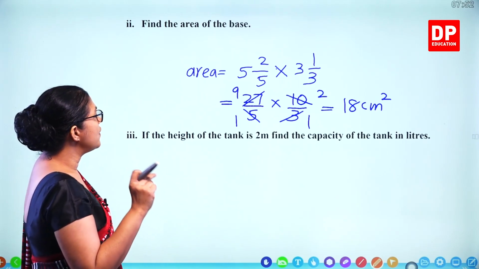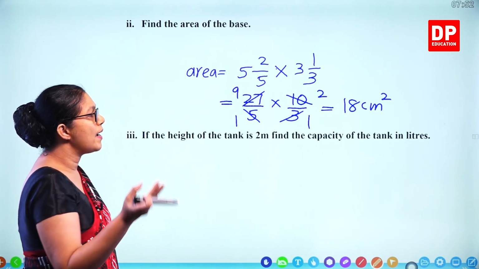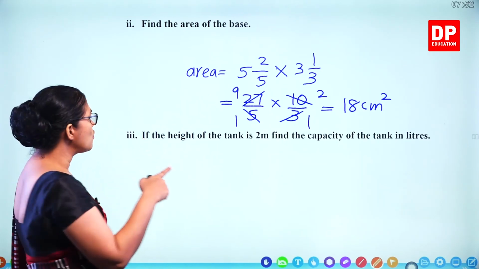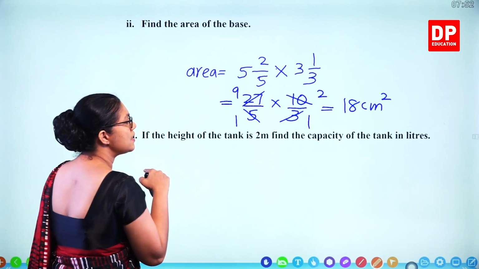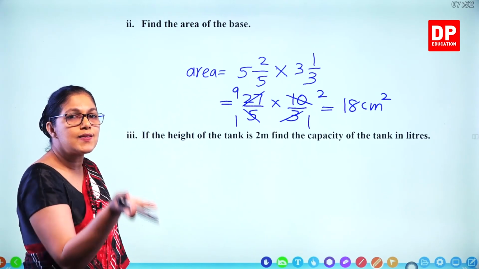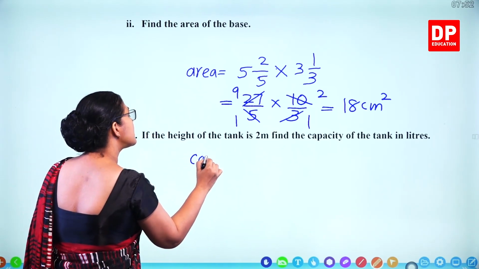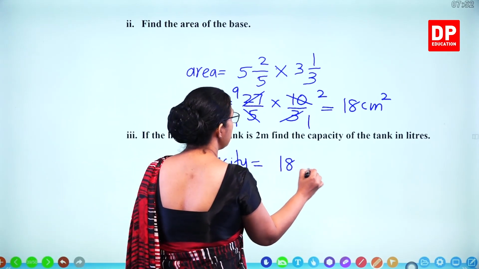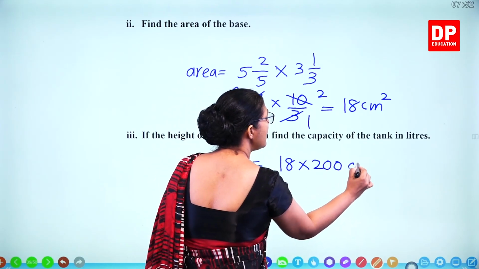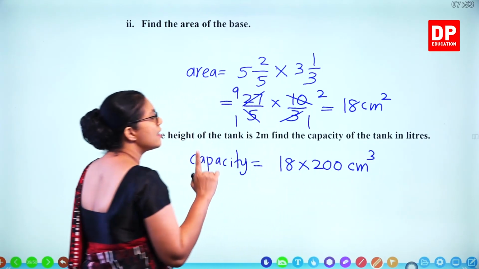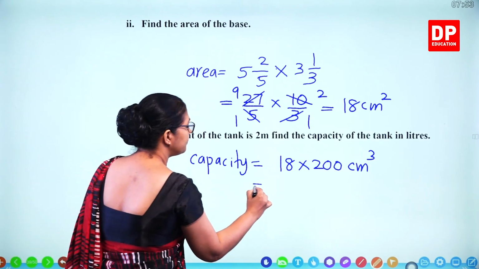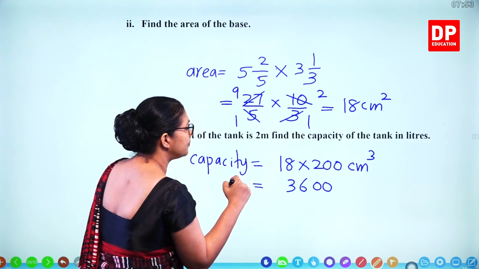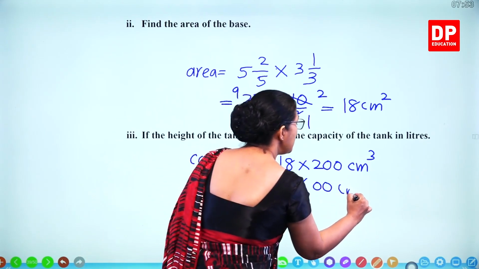If the height of the tank is 2 meters, find the capacity of the tank in liters. So these are all in centimeters, so we'll convert this also to centimeters. That means 200 centimeters is the height. So what's the capacity? Base area, that's 18 into 200, and you are getting 3600 cubic centimeters.